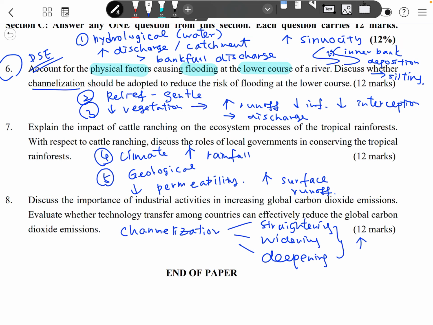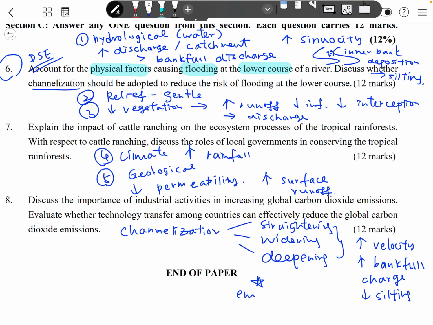For all these, we want to increase the velocity of the flow. So we also want to increase the bank full discharge, so they can carry more flood water and reduce the silting problem.